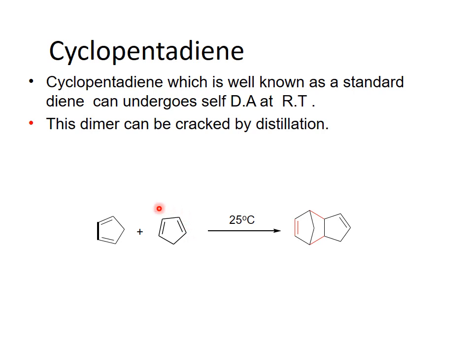This is cyclopentadiene and this carbon is forming a bond with this carbon, and this carbon is forming a bond with this carbon. See, the red colored bonds are the 2 new sigma bonds formed during this reaction, and this red colored pi bond is a new pi bond formed during this reaction, and this reaction occurs at 25 degree centigrade.